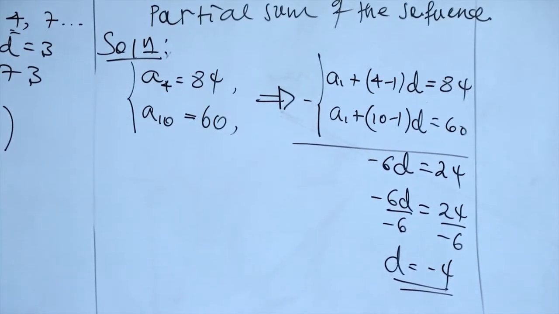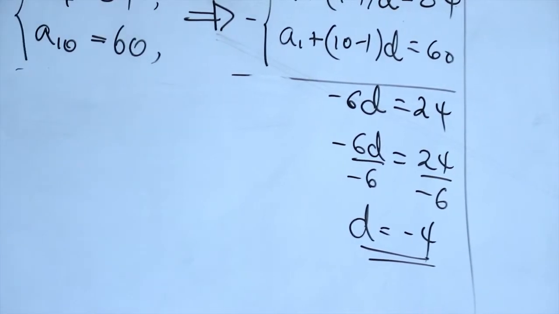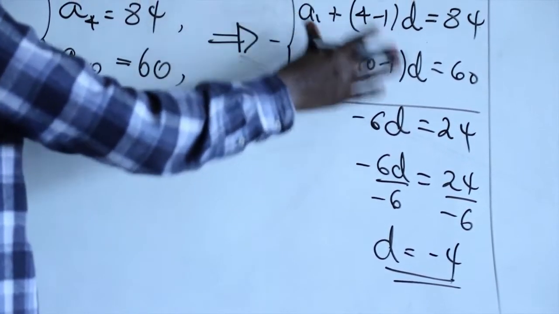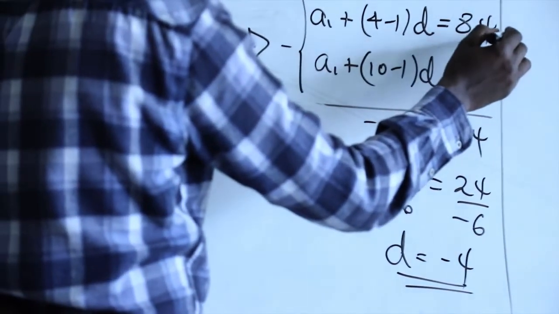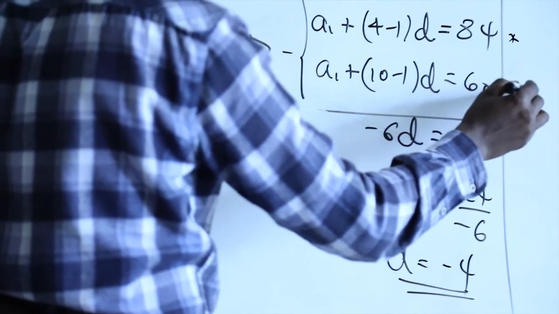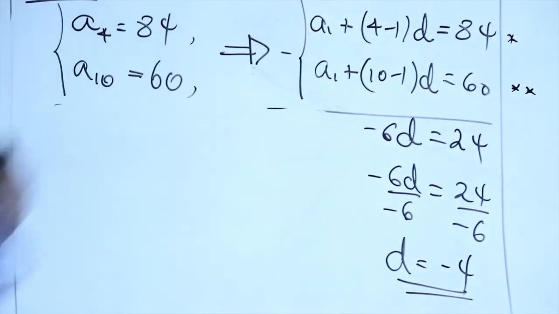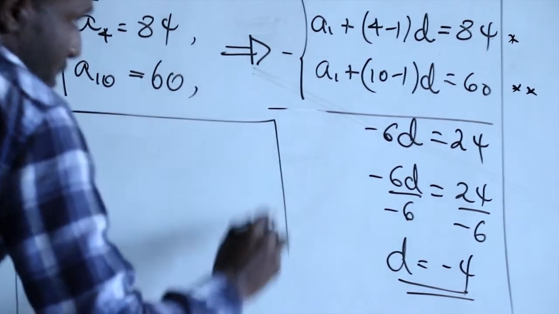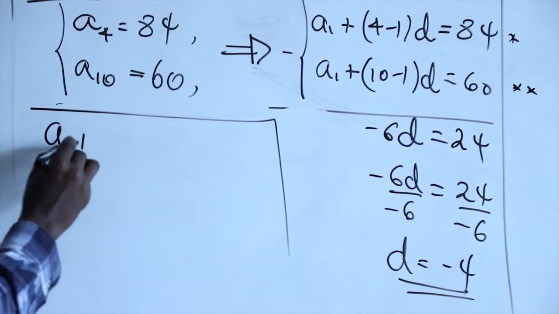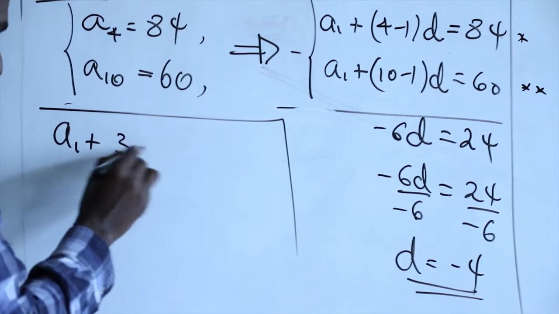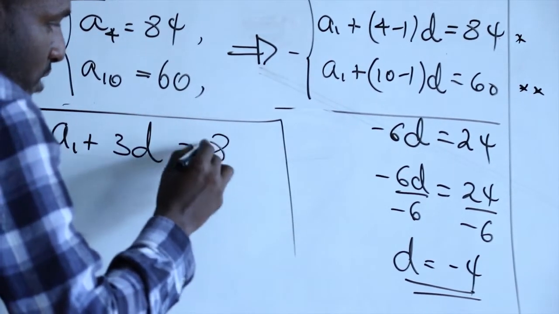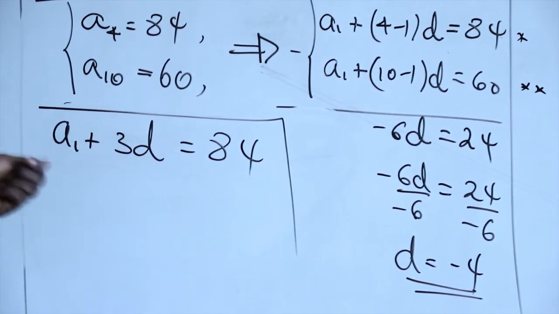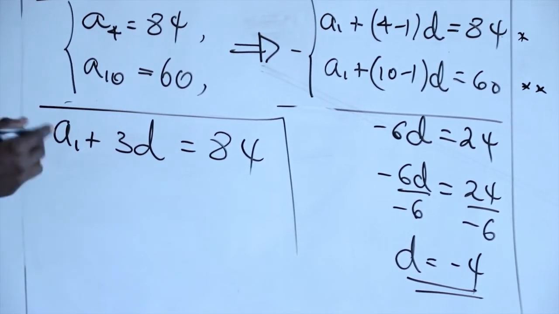We found D equals negative 4. After getting D, from these two equations, let's say star 1 and star 2, we can get A1, the first term, from either one. For example, take A1 plus 3D equals 84. D is already calculated, and now we must calculate the first term A1.